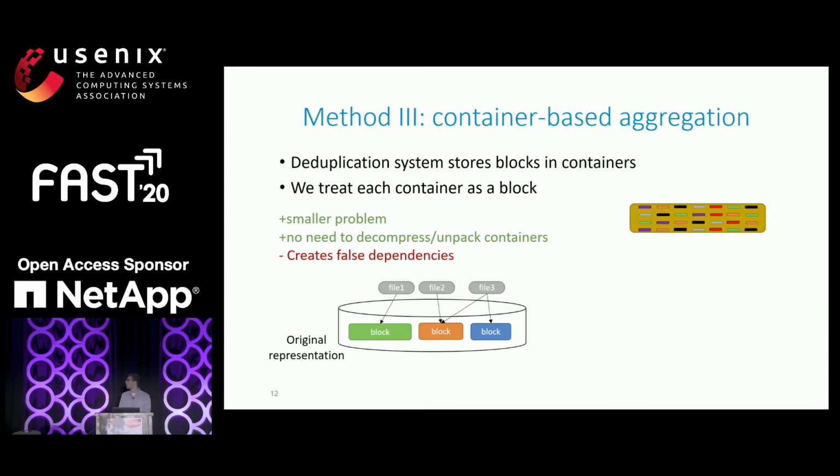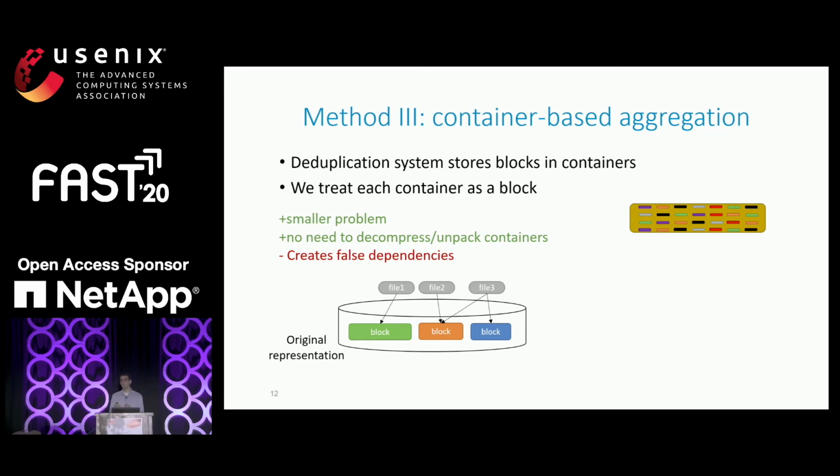Last but not least, the acceleration method is container-based aggregation. Here we know that a commercial deduplicated system uses containers in order to store its information, such that each container contains thousands of blocks, and we're going to treat each container as a block. So either we move the whole container, or we move none of it.